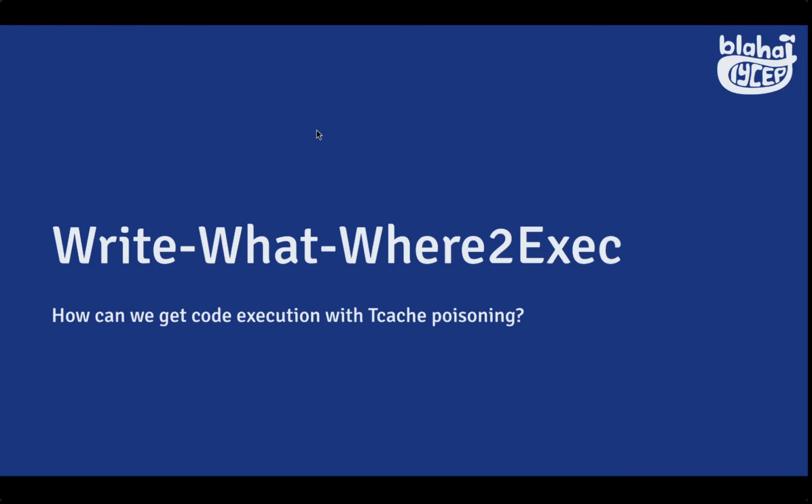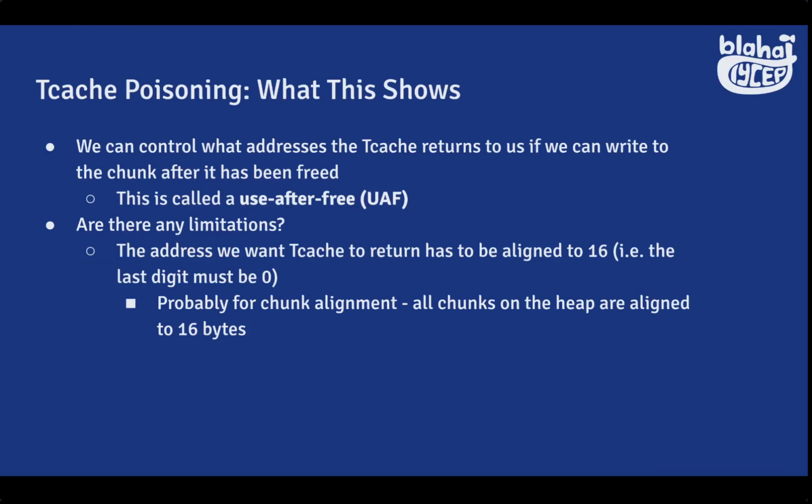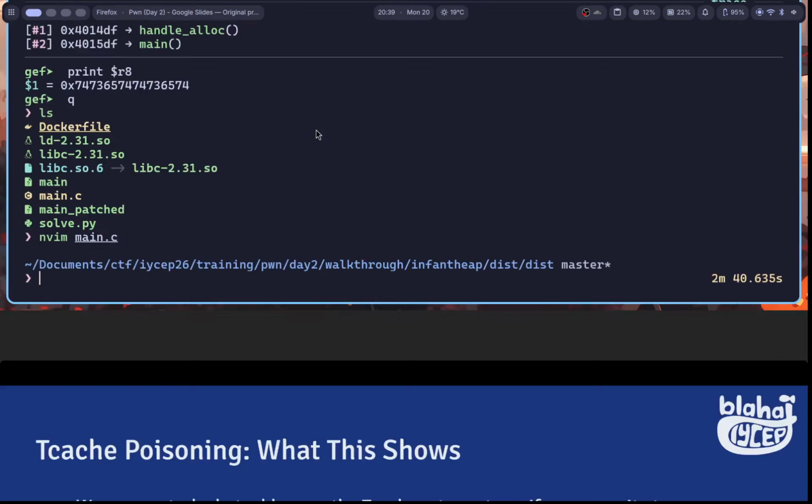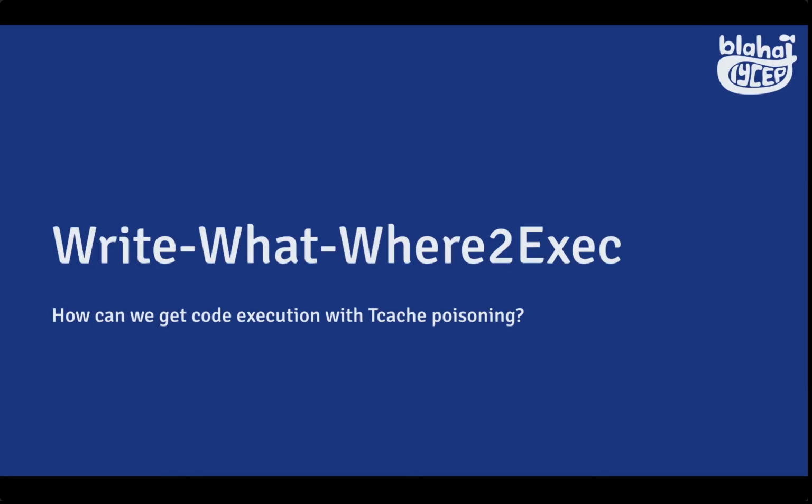This is because of chunk alignment, because the heap assumes that all chunks are aligned to some multiple of 16 bytes, or in hexadecimal, 0x10. So usually it will enforce this mitigation, but probably because this libc is kind of old, it doesn't really care. So yeah.